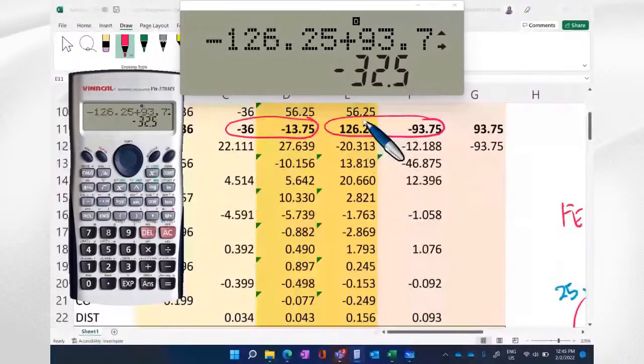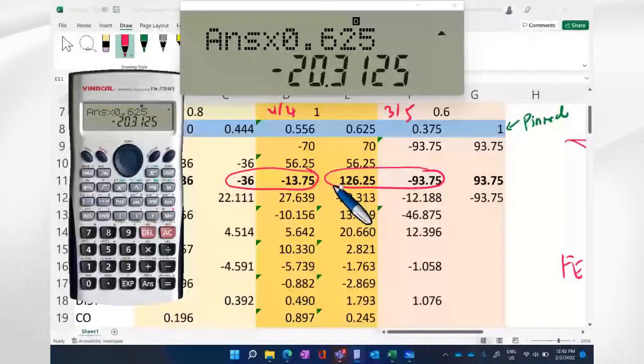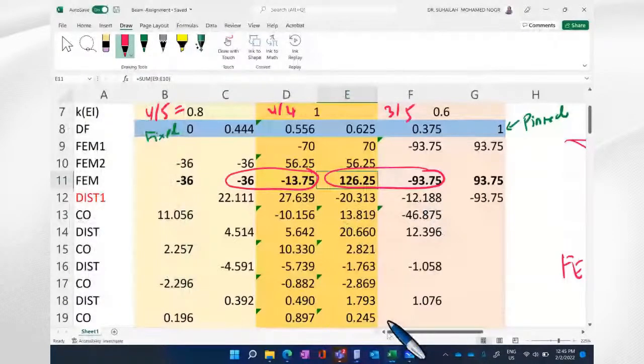0.625 times negative 32.5. We get negative 32.188. If we want to check whether the answer is right or wrong, just do like this.